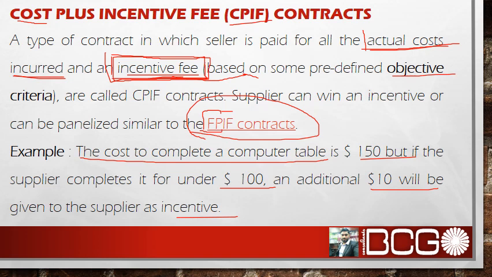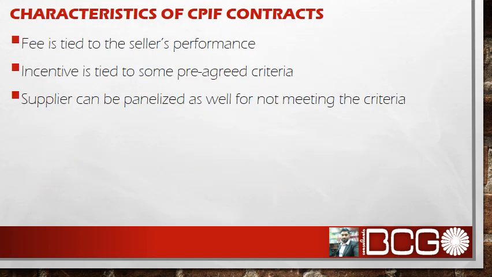Let's have a look at some characteristics of the CPIF contracts. In this type of contract, the fee is now tied to the supplier's performance. If he performed well, he may win an incentive, while if he performed poorly, he will get penalized. And the incentive is tied to some pre-agreed criteria, like the way you will evaluate the performance of the supplier, whether it was poor or good.